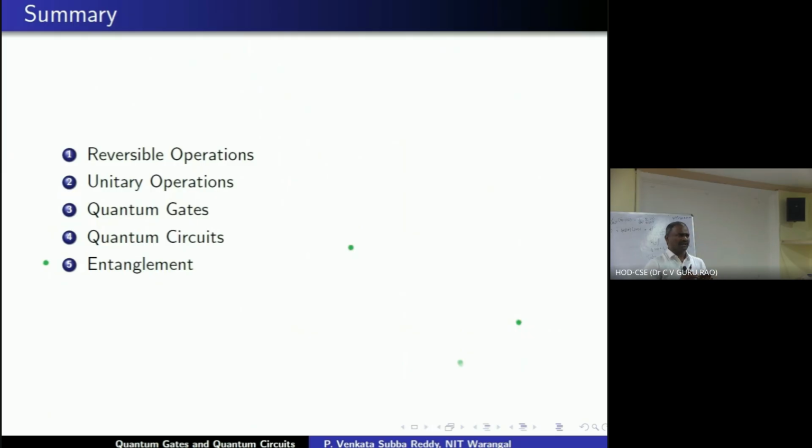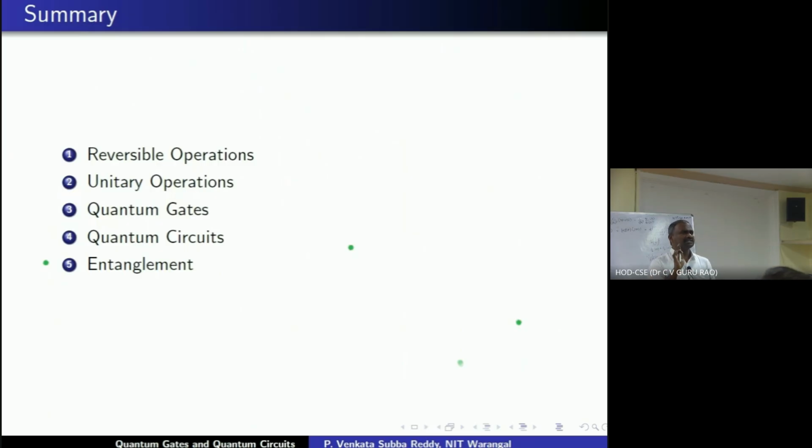What is quantum mechanics? It is a branch of physics which deals with particles at the smallest possible level. Now, what are the principles of quantum mechanics? Superposition, entanglement, quantization, wave-particle duality, like this. There are different principles of quantum mechanics. Now, why quantum computing?